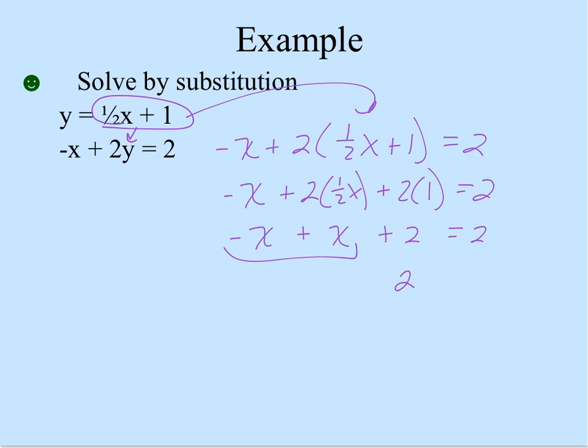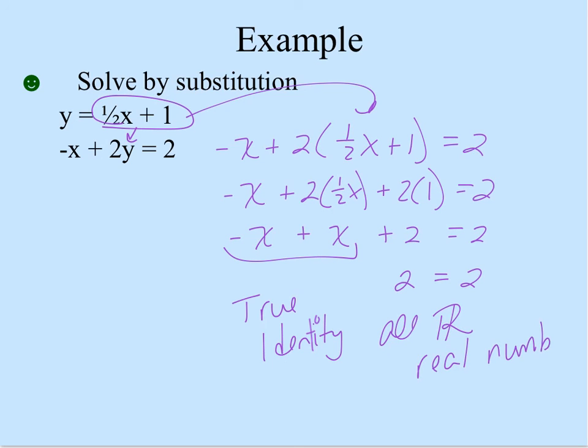These cancel, so 2 equals 2. That is a true statement. It's called an identity. An identity means that there are multiple solutions, so it's going to be all real numbers. That's the symbol for real numbers. All real numbers means it's the same line.